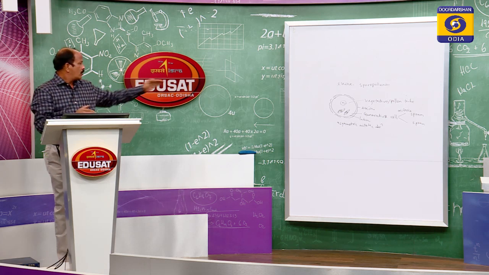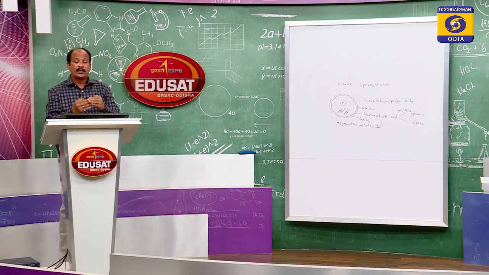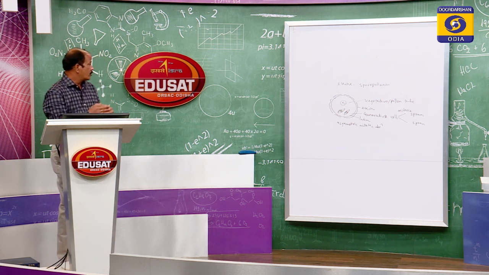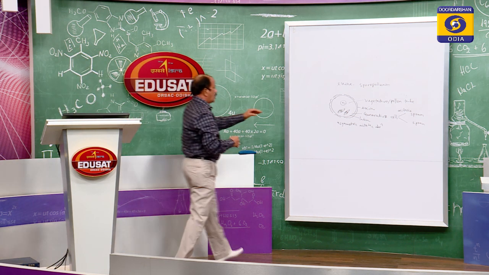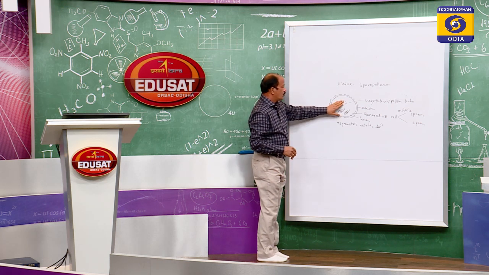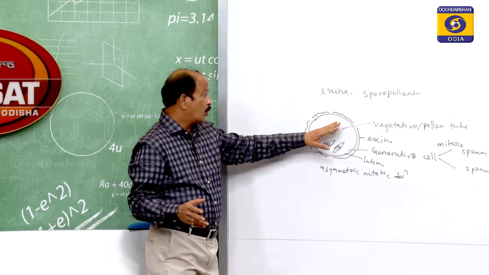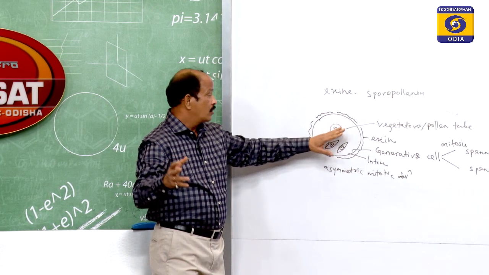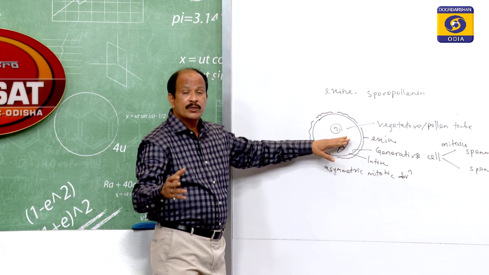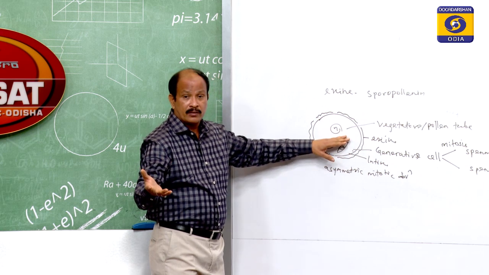The haploid nucleus of the microspore. Now, I can say here how exactly the male gametophyte developed. This haploid nucleus of the microspore moved to one side, there it divided by mitotic division. The nuclear division is symmetric, but cytoplasmic division remained asymmetric.